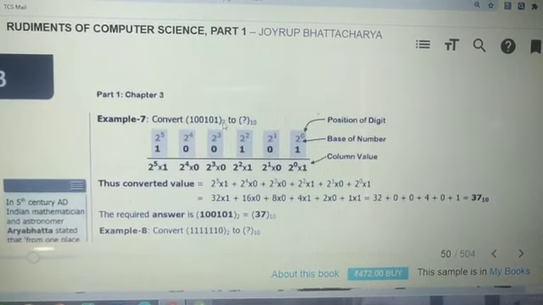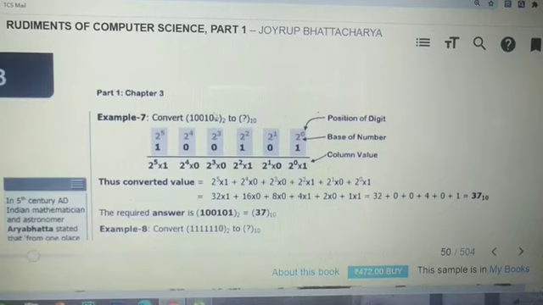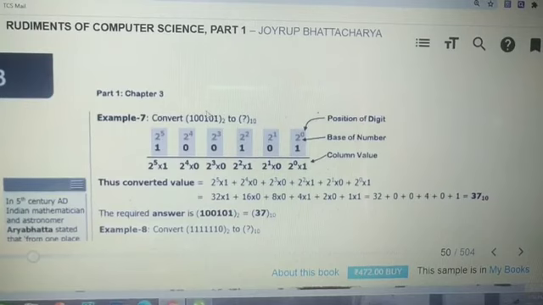From the right-hand side to the left-hand side, first we find the position of each digit, starting from 0: 0, 1, 2, 3, 4, 5.